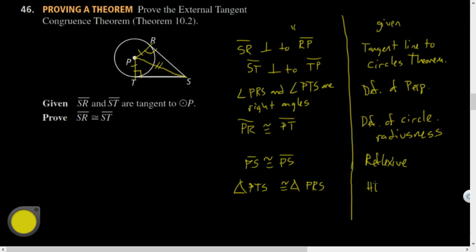Hypotenuse leg. And the only way I can use hypotenuse leg is because I knew that they were right angles. So therefore, those were right triangles. All right, and then because of that, I could say SR is congruent to ST by CPCTC. Corresponding parts of congruent triangles are congruent to one another.